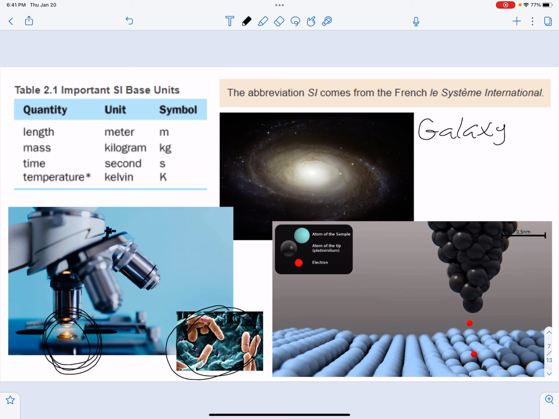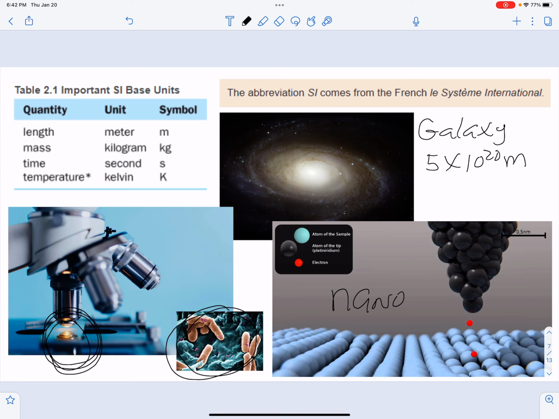You can be measuring something at the nano level, like atoms and electrons. So nano, micro, and all that kind of stuff, where's that coming from? Well, we know that a galaxy is something close to 10 to the 20 meters. So we can measure straight in scientific notation.